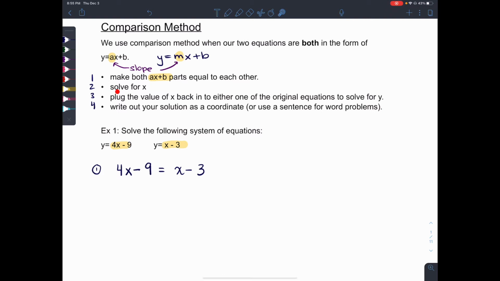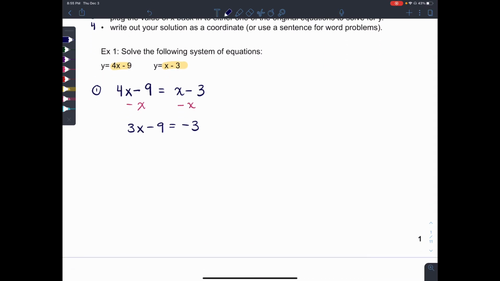Step 2, we're going to solve for x. So we want to move all of our x's over to one side and all of our numbers to the other side. So on this side, I'm going to have to subtract an x on both sides. That will give me 3x. And here to get rid of that minus 9, I'm going to need to add 9 to both sides.